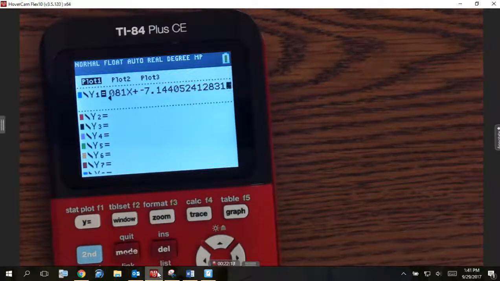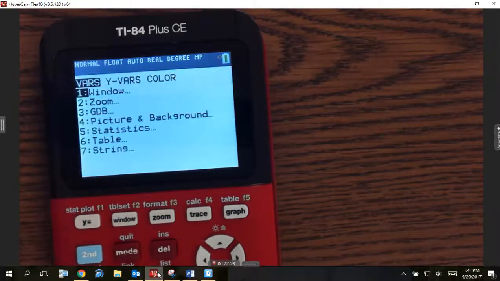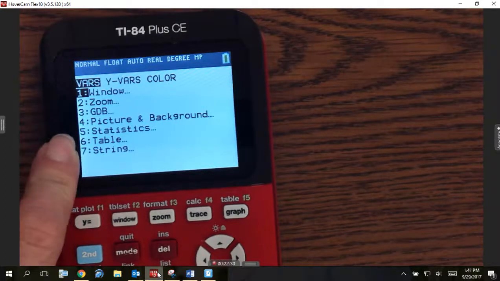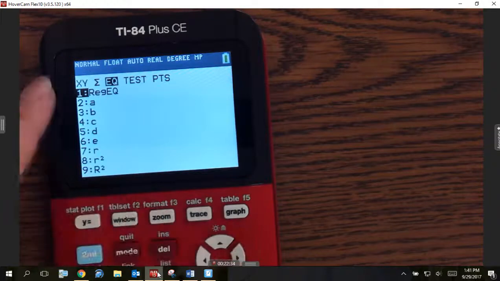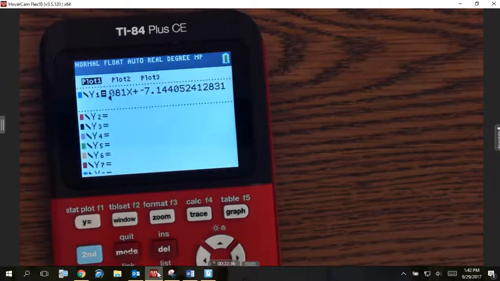Once you have it, hit graph. If you didn't hear my directions, I'm going to repeat them. You go vars, choose number 5, statistics, go over to EQ, and choose number 1, regular EQ. And then hit graph.